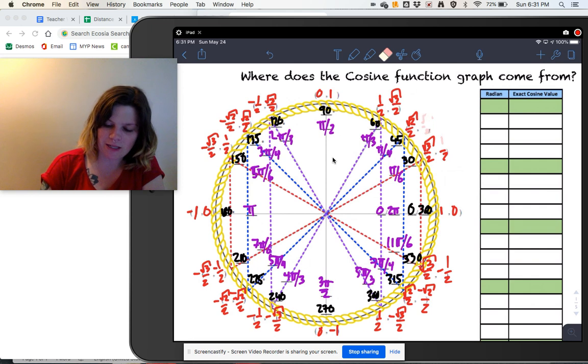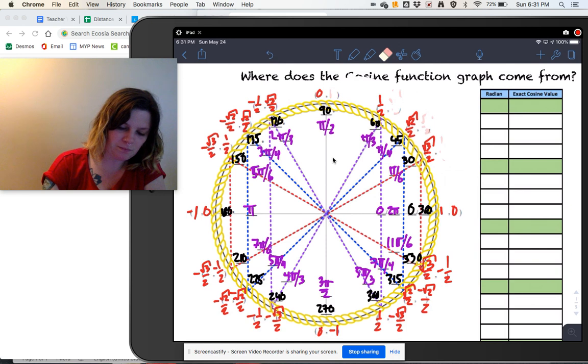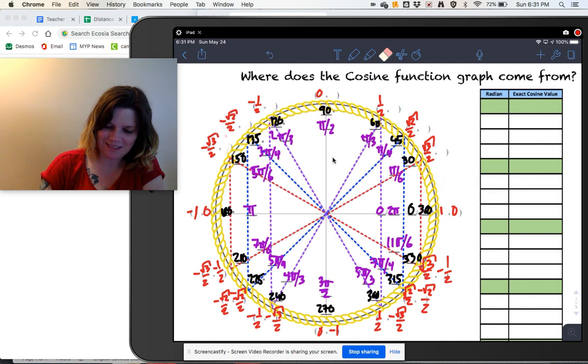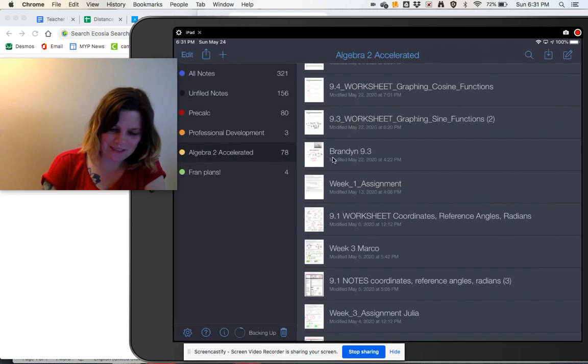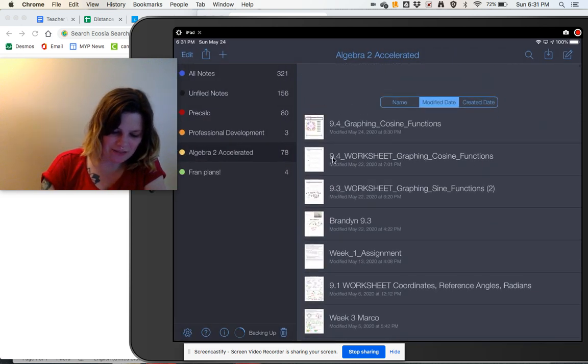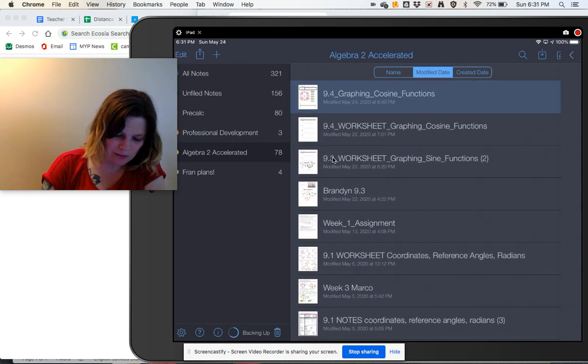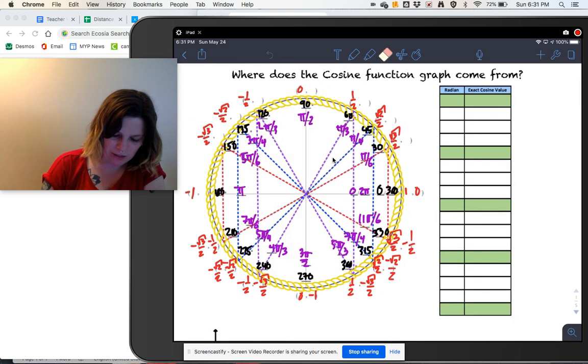So bye-bye. All the y coordinates can go away. Get that gone. Oops, wrong one. Okay, there we go. So now erasing everything that's not the x coordinates. So that would be these guys. Got to be careful. Make sure that I get all of these y coordinates.